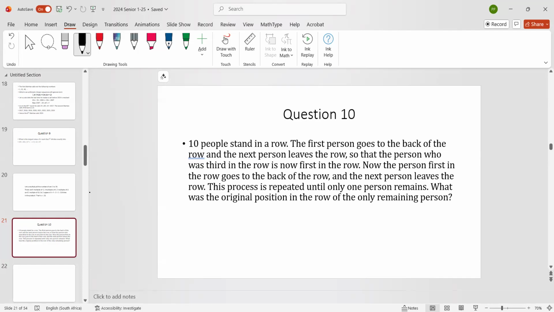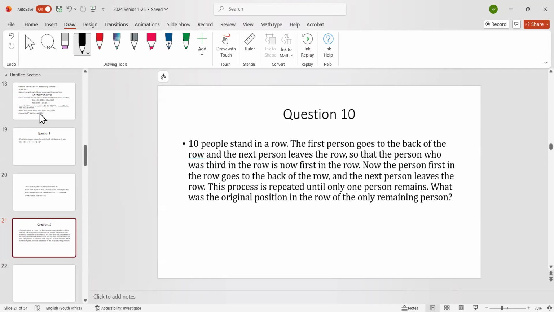This process is repeated until only one person remains, because people keep leaving from the 10. So 9 people will leave somewhere along the line, and that leaves one person. And the question is, what was the original position in the row of the only remaining person?